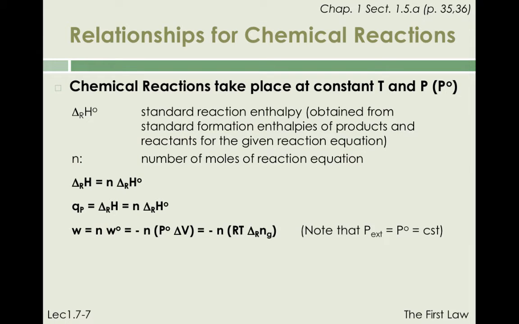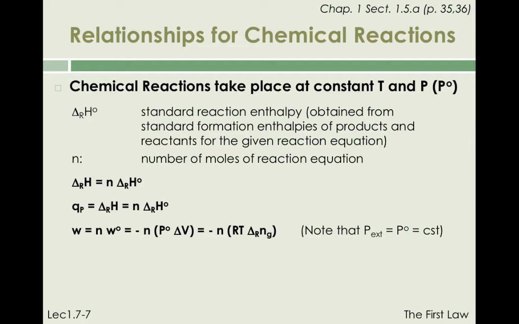The work W for a given amount of reactants and products is equal to n times the work for 1 mole of reaction equation, W standard. The work for 1 mole of reaction equation under standard condition is equal to minus P standard times V products minus V reactants.